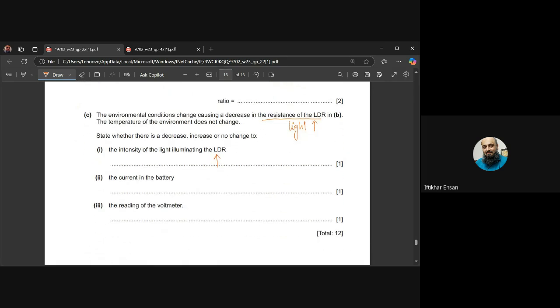Current in the battery. So beta, resistance decreases, overall resistance will decrease, the current will increase. Reading of voltmeter. As the voltmeter is attached to the LDR, current increases and its resistance decreases, so this is not giving a proper answer.